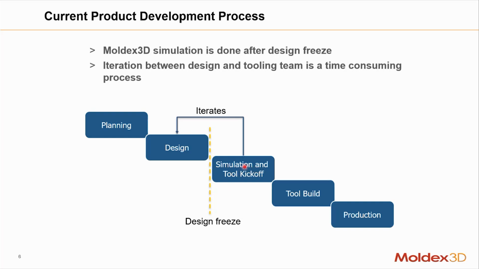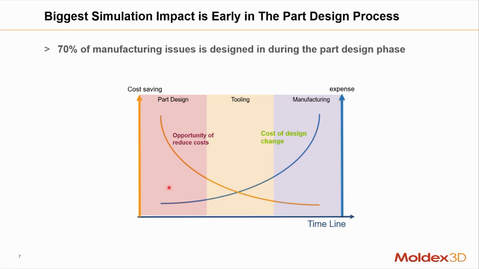The simulation team can work with the tooling group, or once they see some needed design change, they will need to go back to design again, which might be very time consuming. We see a lot of challenges, either sink marks or warpage or shrinkage, etc. Most of the time they come from the part design level.